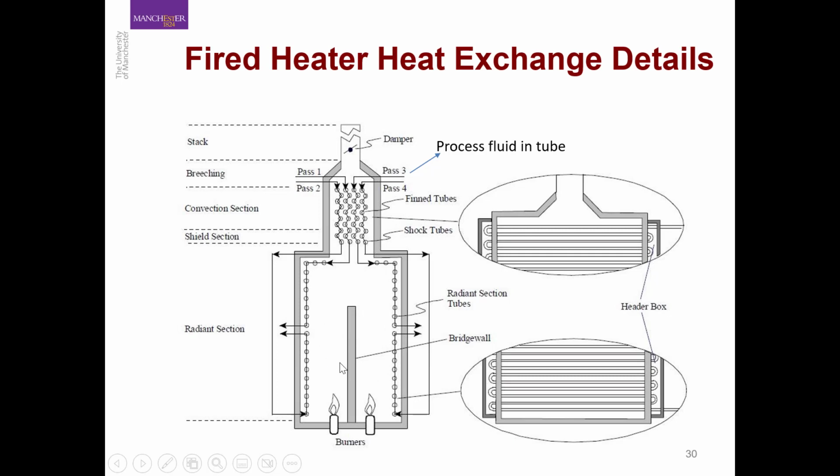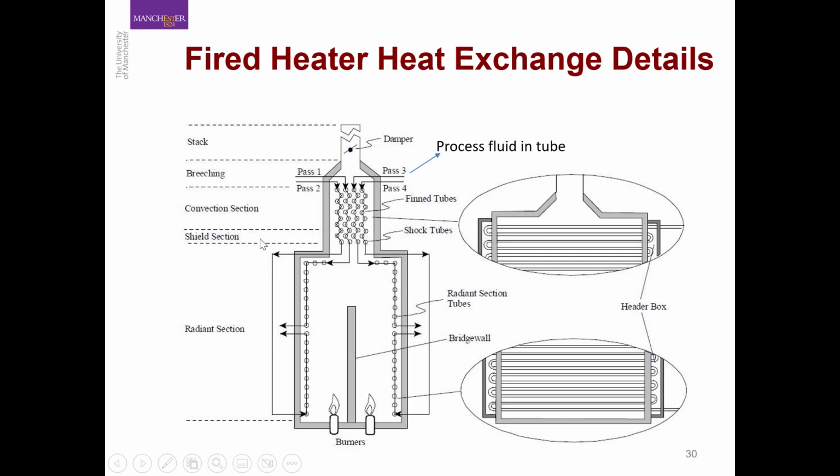As the flue gas moves upwards, it becomes cooler and cooler, but while still in the radiant section, it is still very hot. Then it enters the entrance of the convective section, what we call the shielding section.